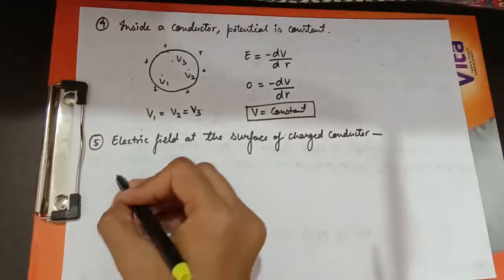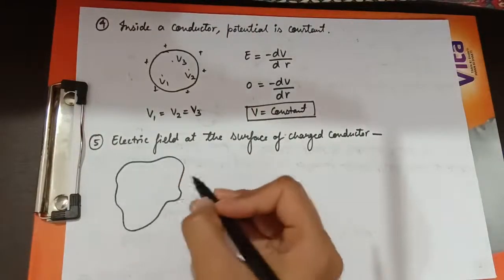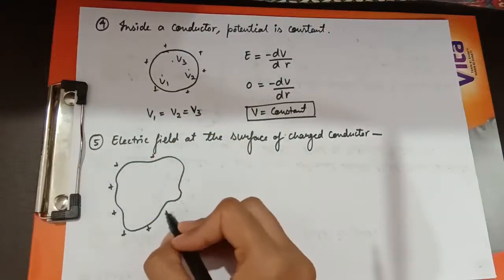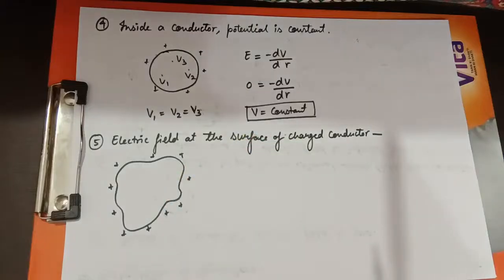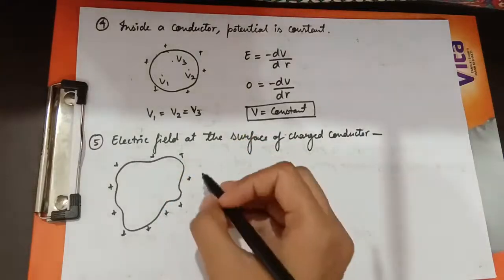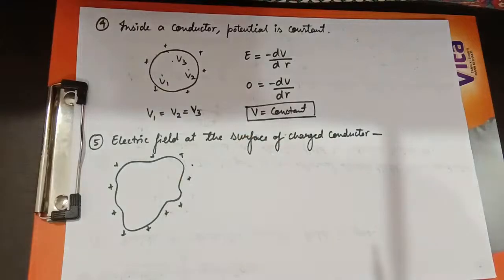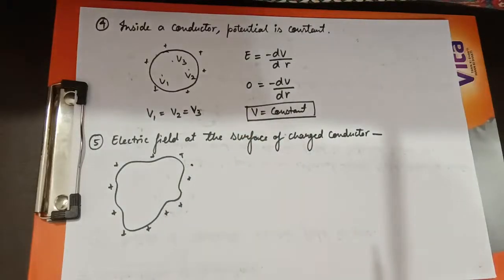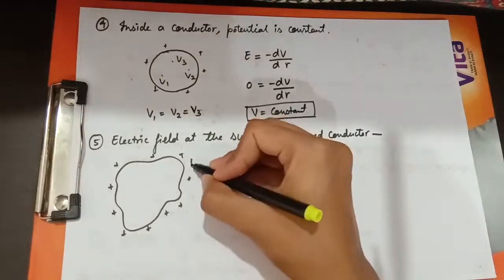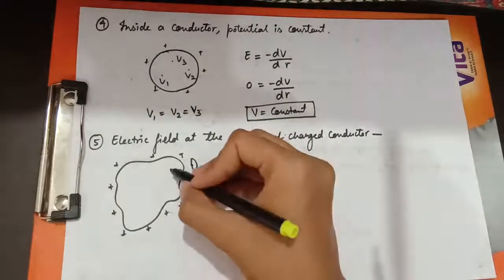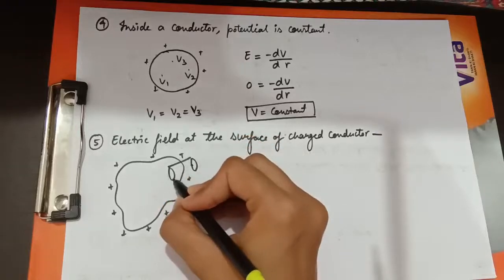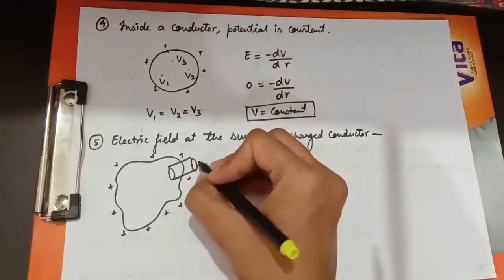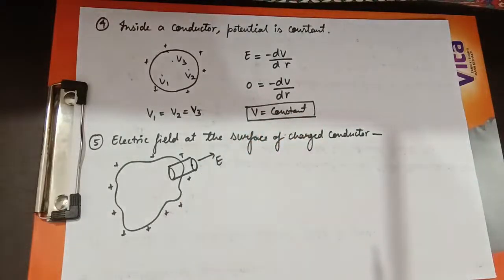So let's say this is your charged body and charge is distributed on the surface, and I want to calculate the electric field just outside the conductor. Suppose this is the point where I want to calculate the electric field, and to calculate it, I will make a Gaussian surface. This will be the type of Gaussian surface. As you know, electric field is outside.